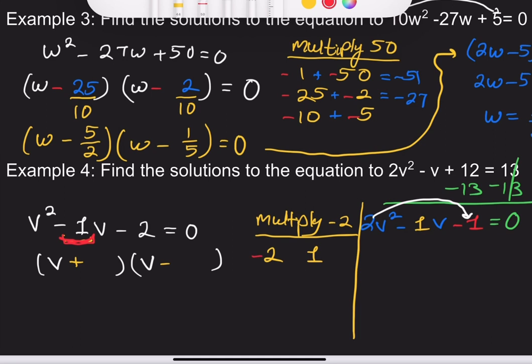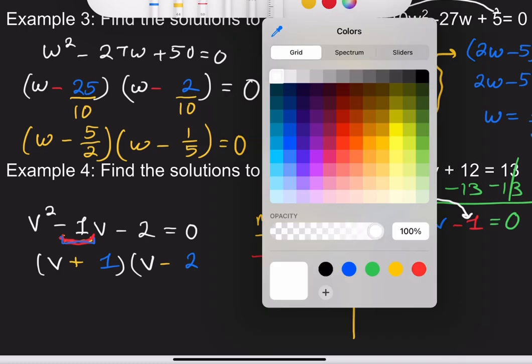So 2 will be negative, and the 1 will remain positive. Negative 2 plus 1 is negative 1. And negative 1 is our middle term. So we can have a positive 1 because the 1 is positive, and the 2 is negative. And remember, that is equal to 0.